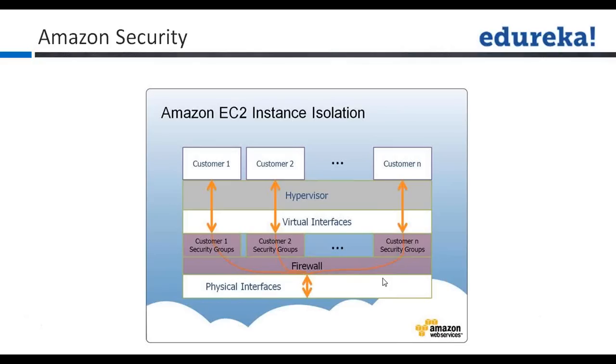Whenever an instance is launched, Amazon also attaches a virtual MAC address with each instance. Whenever a request goes out of that instance, that virtual MAC address is always attached to it, and whenever the request comes back, the virtual MAC address is always attached too.